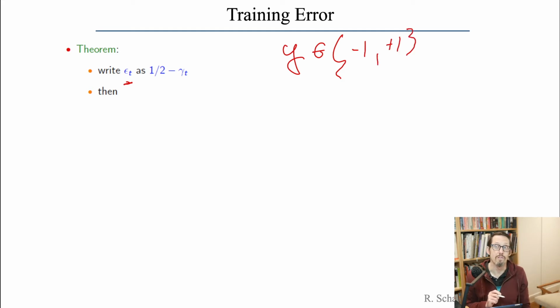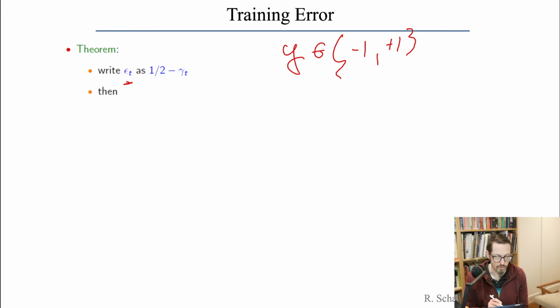So what is chance performance at a binary classification task? Yes, you're right, half. 1/2. So how much better are we going to do than chance performance? Well, if our error rate is less than 1/2, then we are doing better than chance performance.